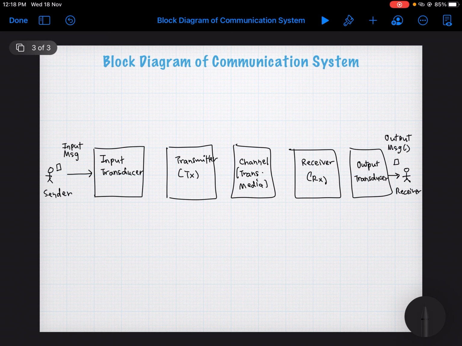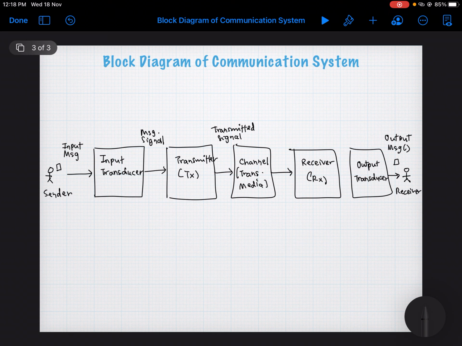Now we are going to talk about the signals. There are several signals involved. From here to here we have the message signal. From here to here we have transmitted signal.